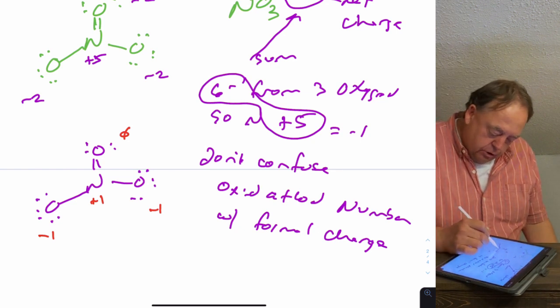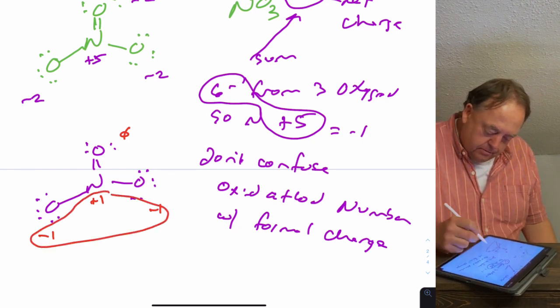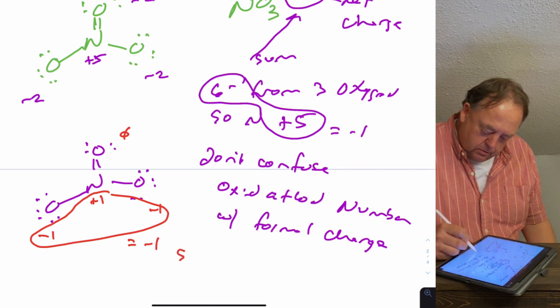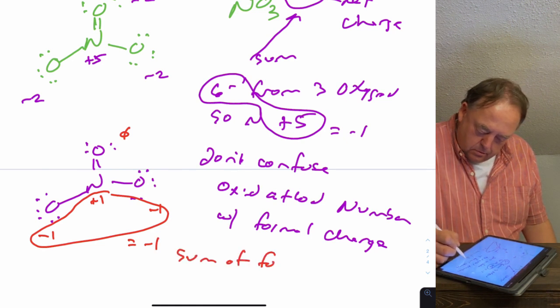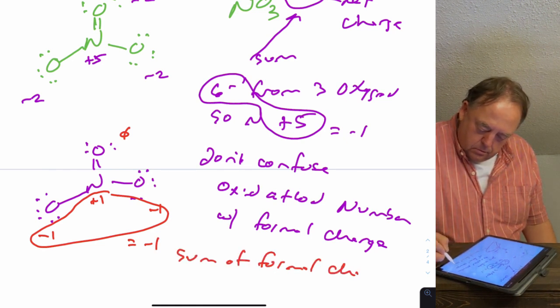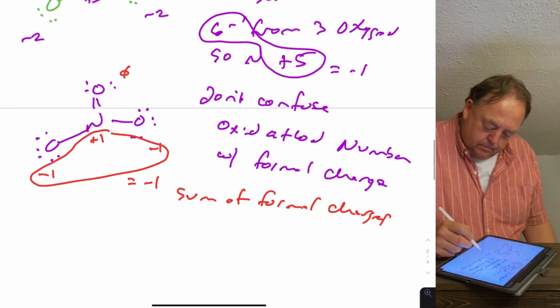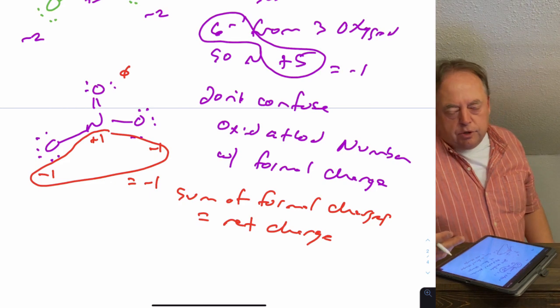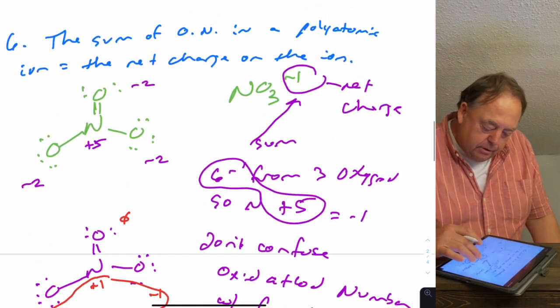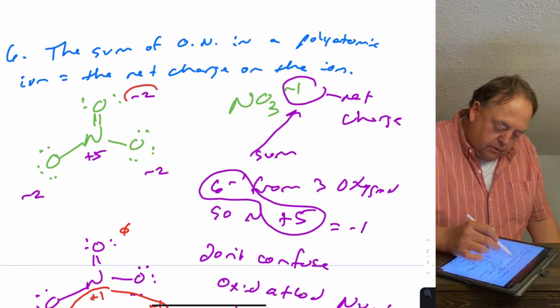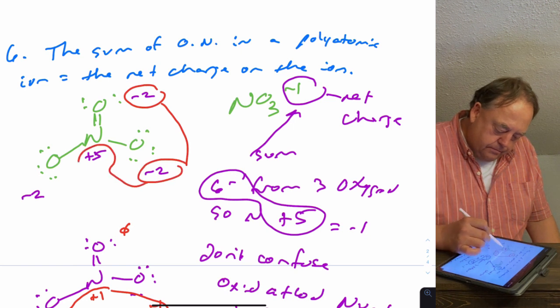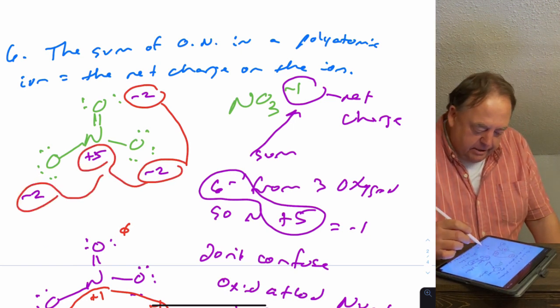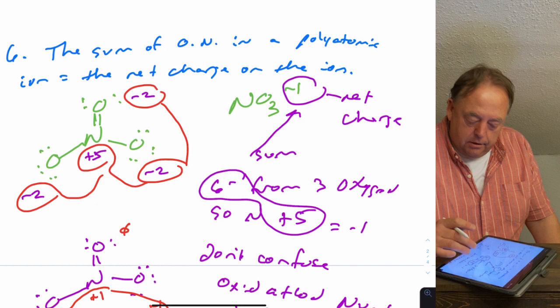So if you sum formal charges up, the sum of formal charges equals the net charge, but so does the sum of oxidation numbers. If you sum this up, 6 negatives and +5, then you get -1.